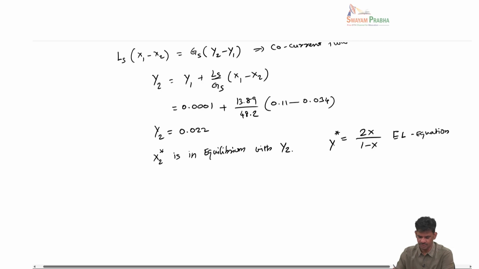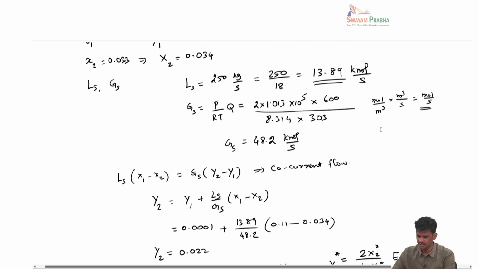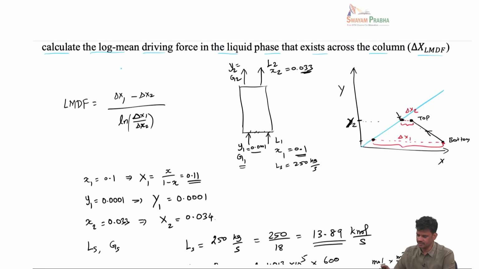So we substitute Y2 here and then calculate the X2 star from here. If you do that, you will get X2 star as 0.011. So going back to this particular graph, we have found the value of X2 star.